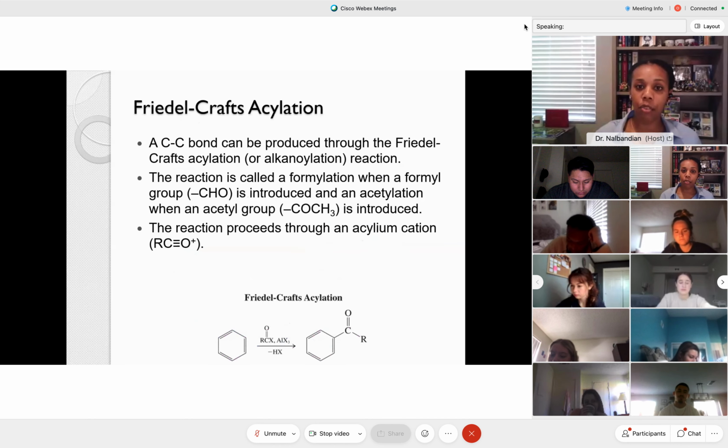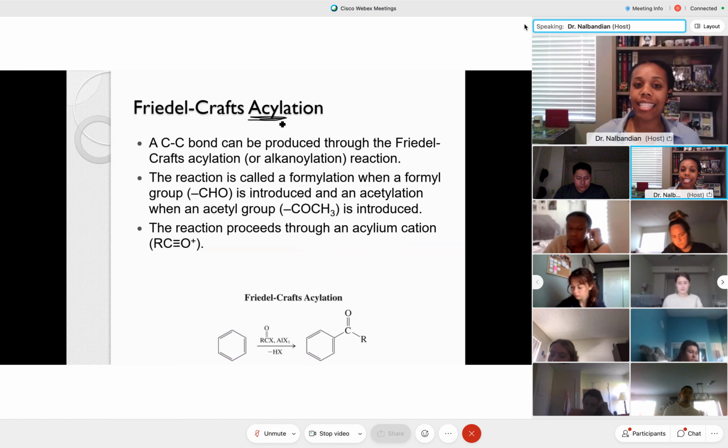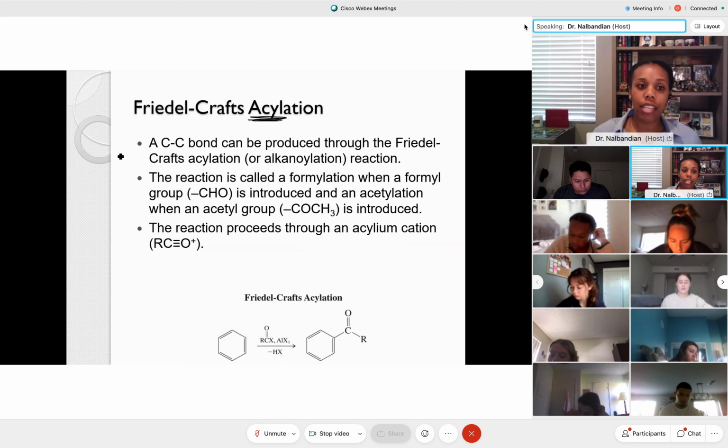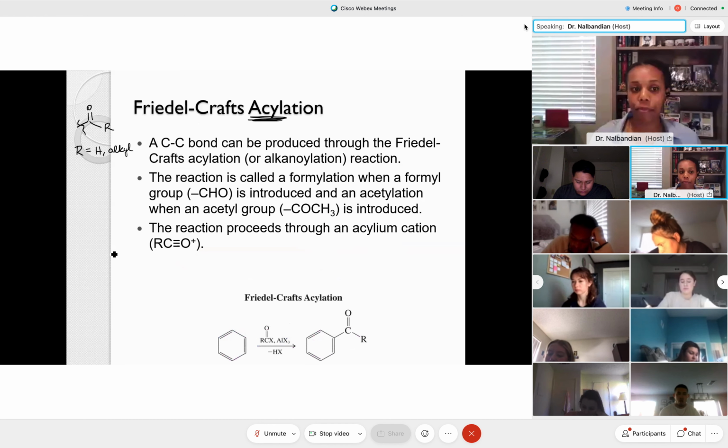All right, so that's our Friedel-Crafts alkylation. We also have a Friedel-Crafts acylation. So what is an acyl group? An acyl group is just any kind of R group, where R could be a hydrogen or some kind of alkyl chain. So that would be an acyl group.